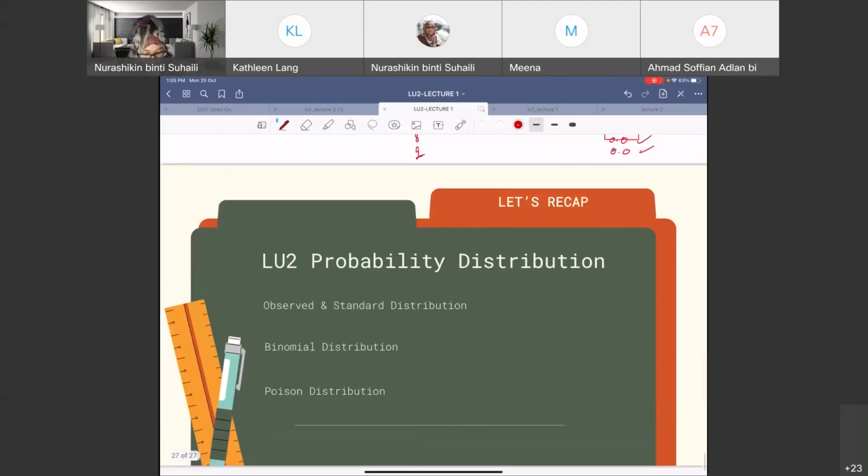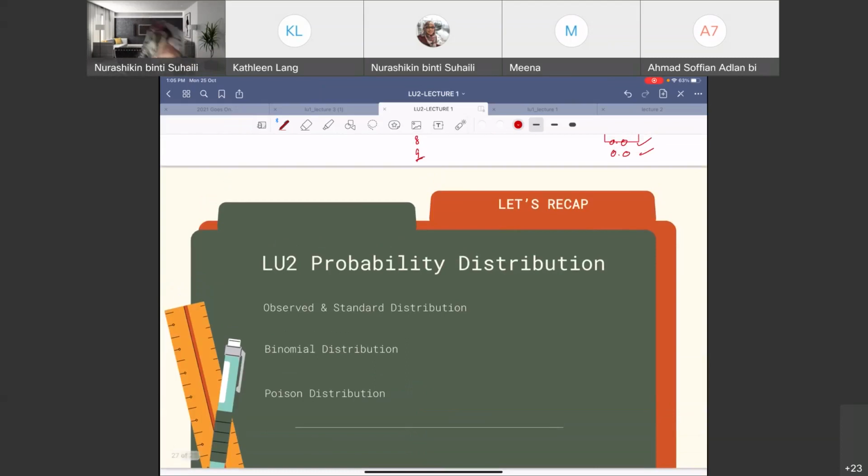So basically what we have covered for LU2, we've talked about observed and standard distribution. Observed distribution is the one that we just observe, as the name implies. We don't refer to any standardized formula for calculating the probability.